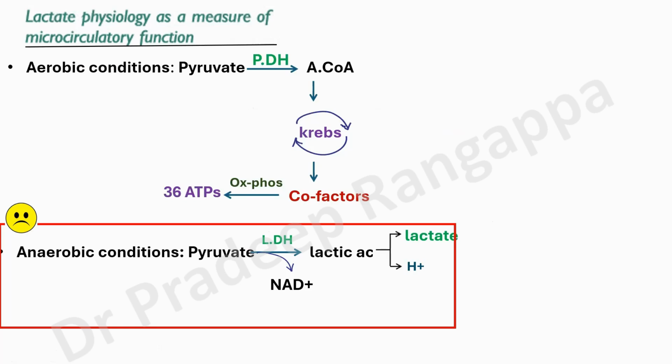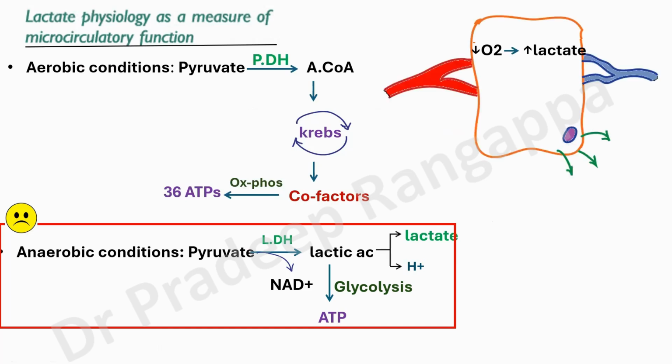But this produces some ATPs, but not 36 ATPs. It undergoes glycolysis to produce some ATPs, which is not sufficient for a good energy production. So what happens is typically when there is cellular hypoxemia, because there's not much oxygen going to the cell, there is increase in the lactate, and oxygen delivery comes down, oxygen consumption comes down. This leads to cellular dysfunction. This is what we are here to understand.